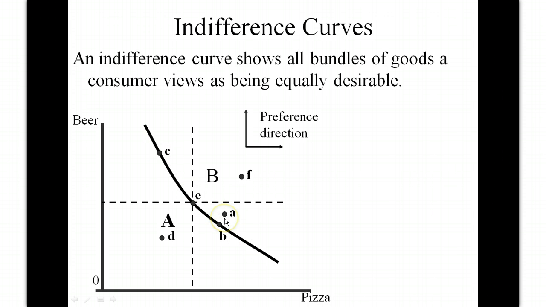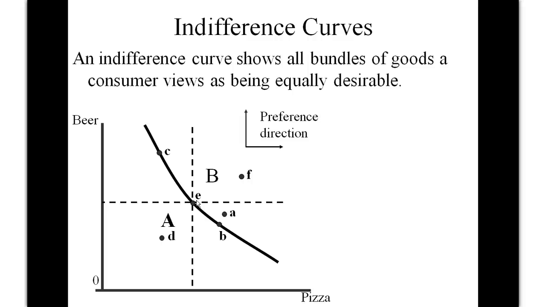They're all different combinations of the two goods. Certain combinations have more of one good and less of the other. But as a consumption bundle, they offer the same level of utility. So for any bundle of goods along that line, the individual is indifferent between them. And that's where the name indifference curves comes from.